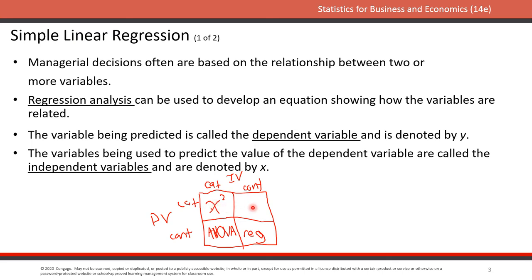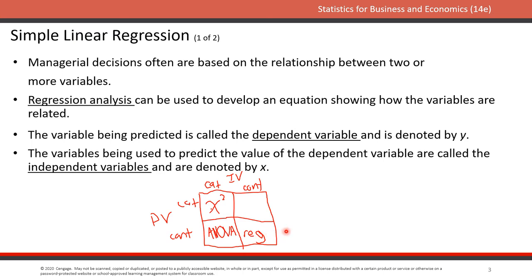There is an appropriate tool, again, for doing continuous independent variables and categorical dependent variables. In fact, there's a couple of them. Logistic regression is one, and discriminant analysis is the other. In any case, what we're largely talking about is going to be in this cell, the continuous outcome and the continuous independent variable.